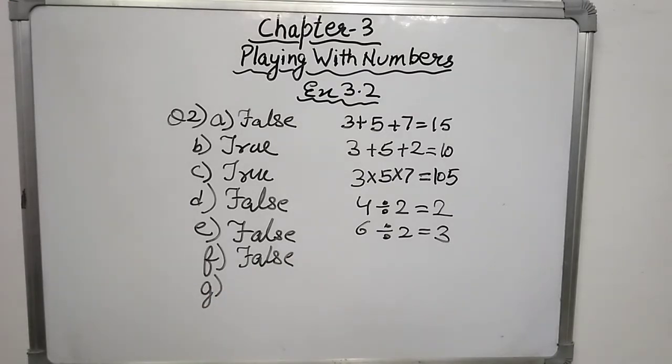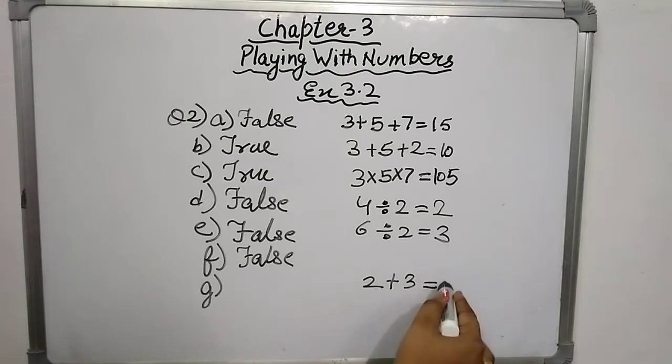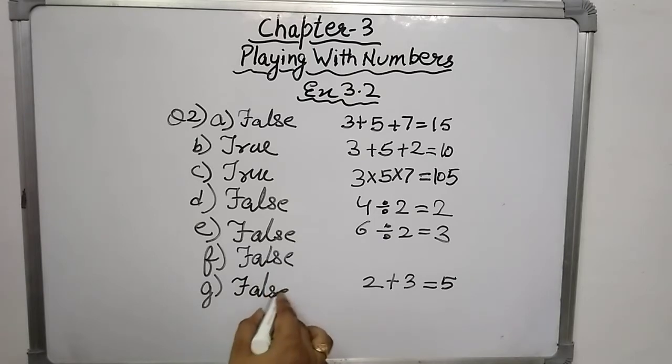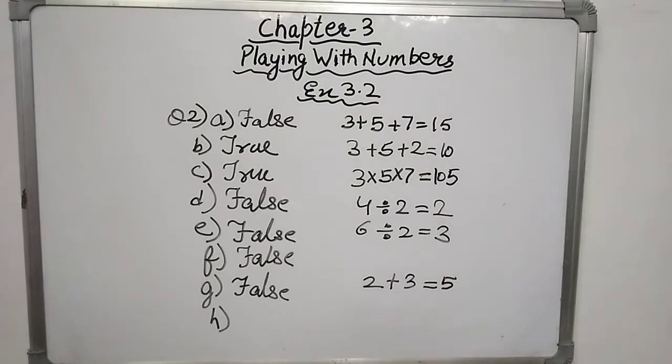Next is the sum of two prime numbers is always even. Let's check. 2 is a prime number and 3 is a prime number. The sum of 2 and 3 is 5, and 5 is an odd number. So this is false. Next statement. 2 is the only even prime number.